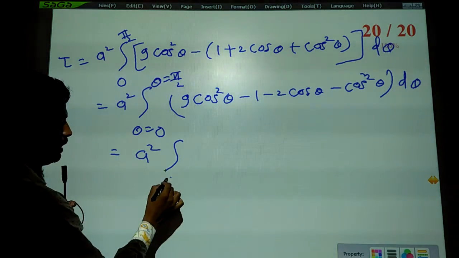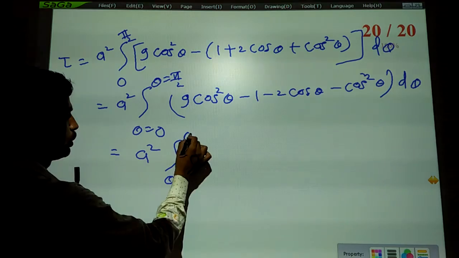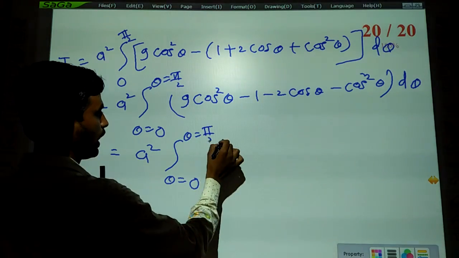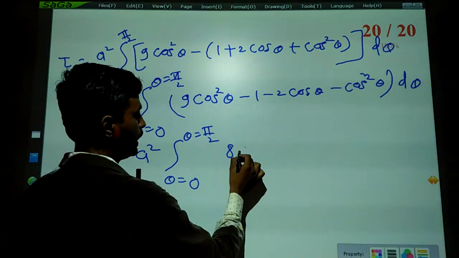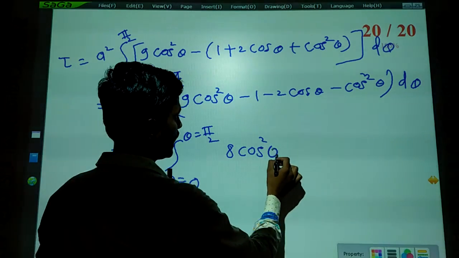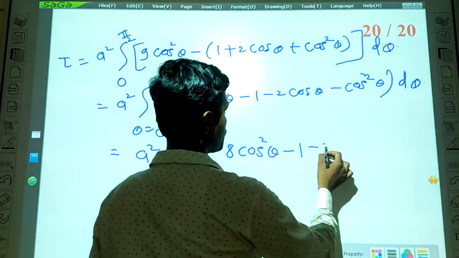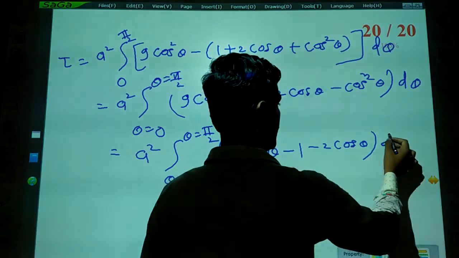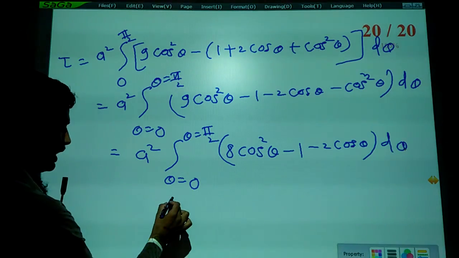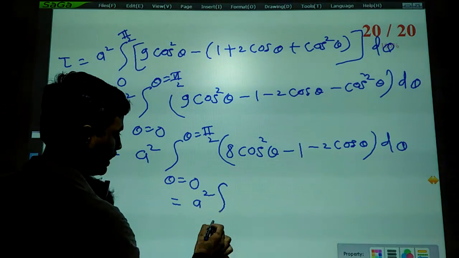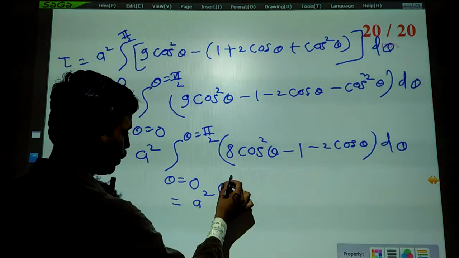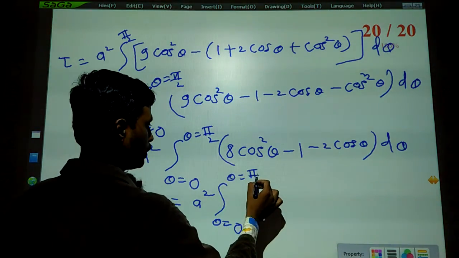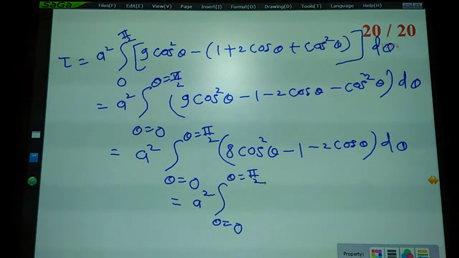A square, theta from 0 to pi by 2, 8 cos square theta minus 1 minus 2 cos theta d theta.